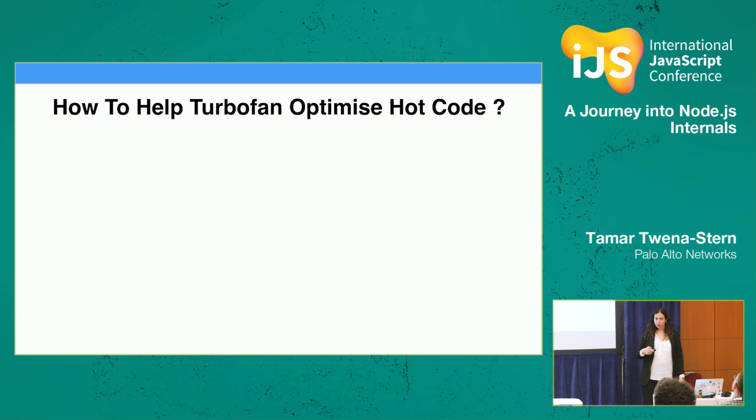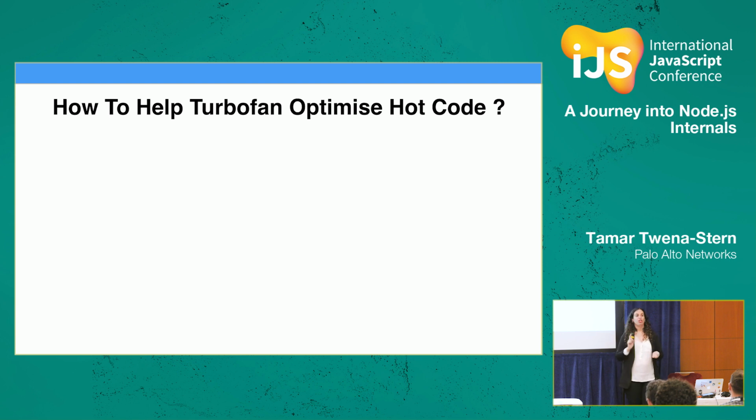Now, let's talk a little bit about how to help Turbofan optimize your code. First of all, Turbofan is only optimizing functions. Remember that your boss or your team leader is always shouting at you not to do copy-paste, because if you do copy-paste, you would have to fix the same bug in 10,000 places.